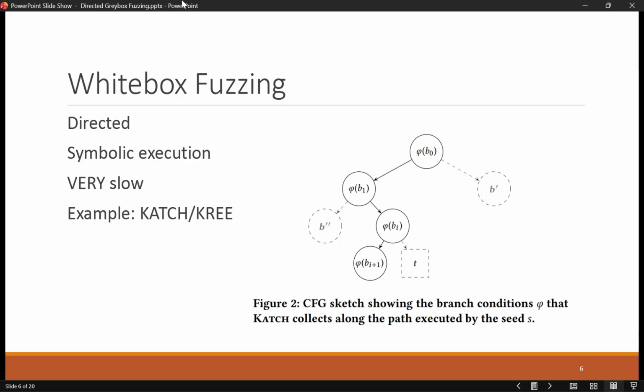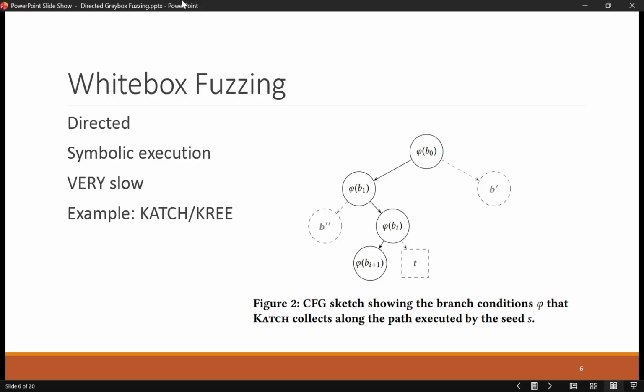Maybe you're wondering what's the drawback of doing that, and that's that this technique is extremely slow. In the time that it takes for a white box fuzzer to generate even one input to use for the program, a gray box fuzzer could generate thousands upon thousands of potential executions that could have uncovered the crash-inducing input first.